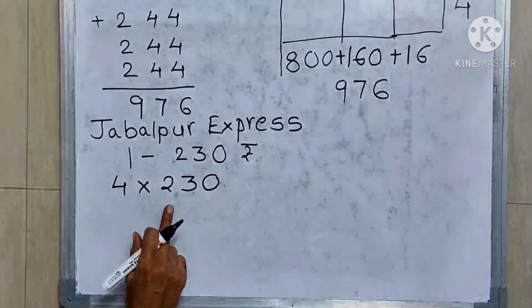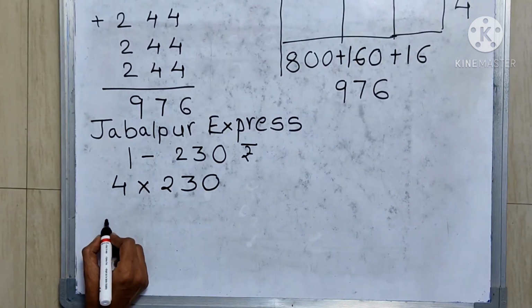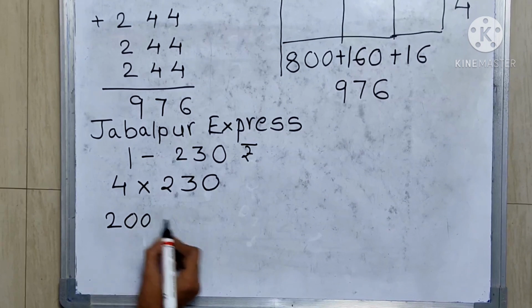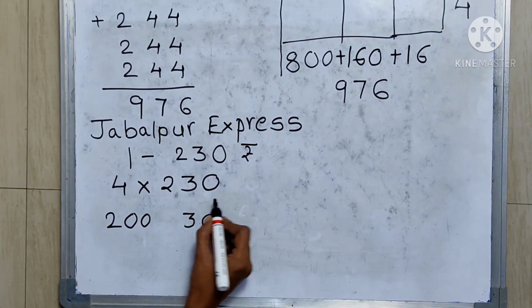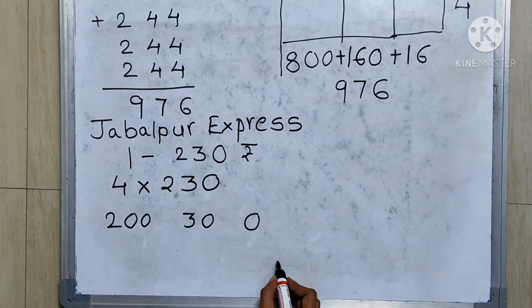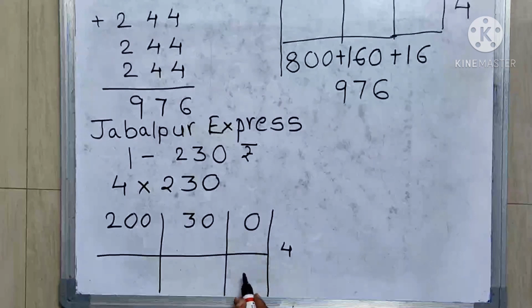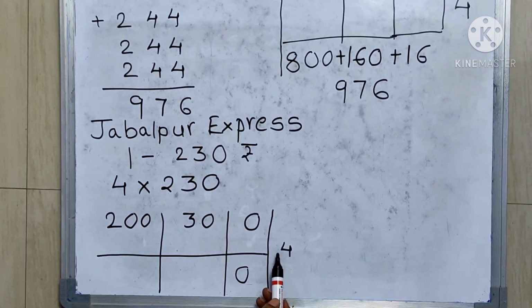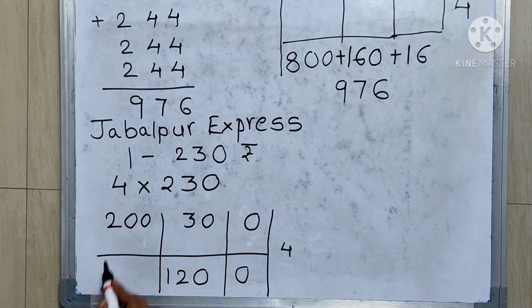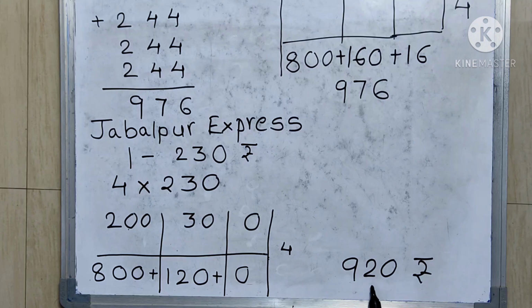We need to break this 230 as 200, 30 and 0. Multiply this by 4 and then you will get the answer 400. Now again here 4 3s are 12 and put here 10. Now 4 2s are 8 and here are 2 zeros, so write this and then add this. So the answer is 920 rupees.